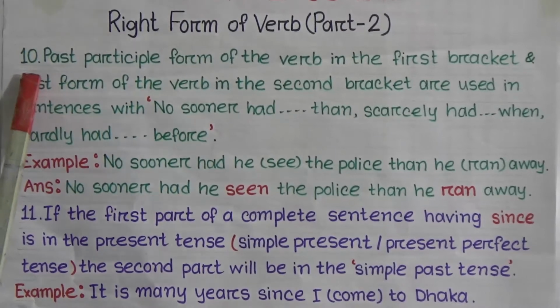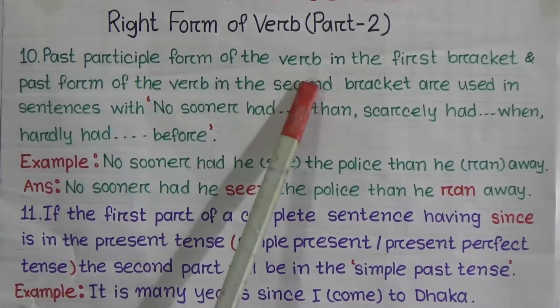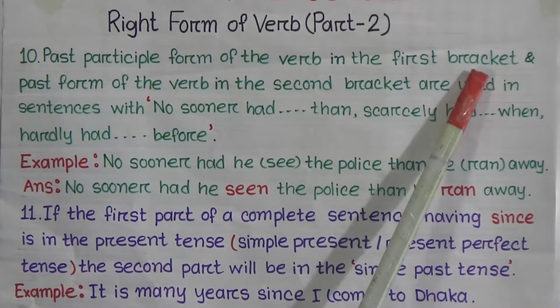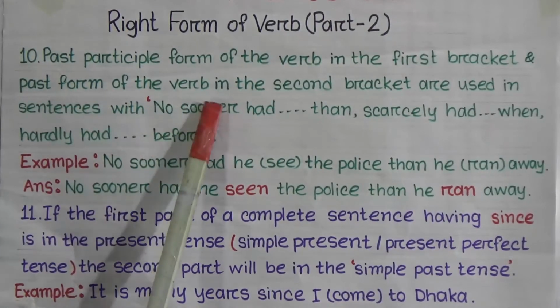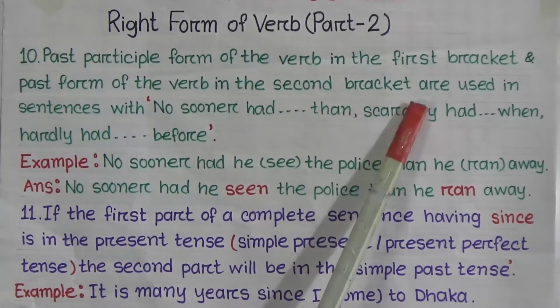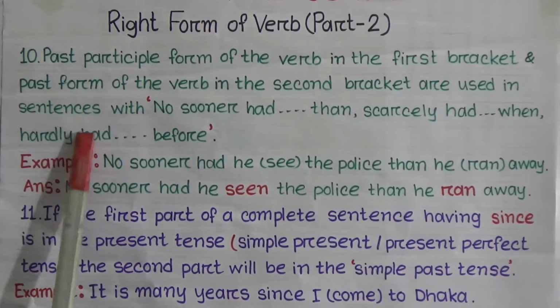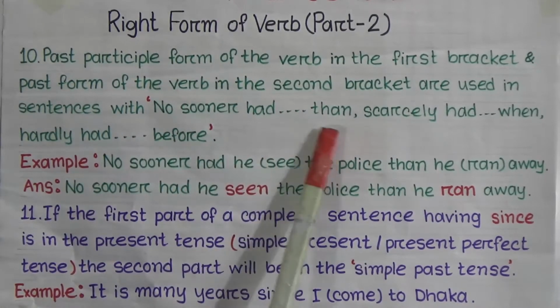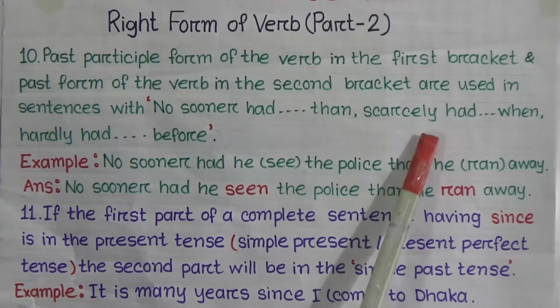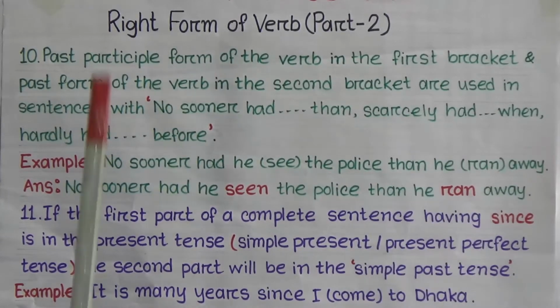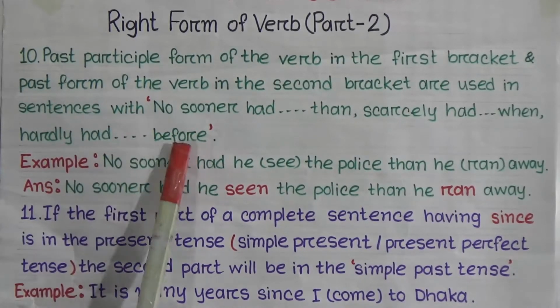Our rule is: the past participle form of the verb in the first bracket and the past form of the verb in the second bracket are used in sentences with no sooner had dotted than, scarcely had dotted when, hardly had dotted before.